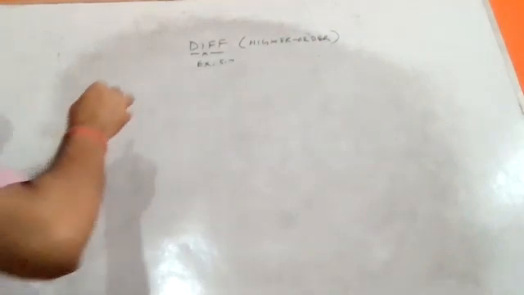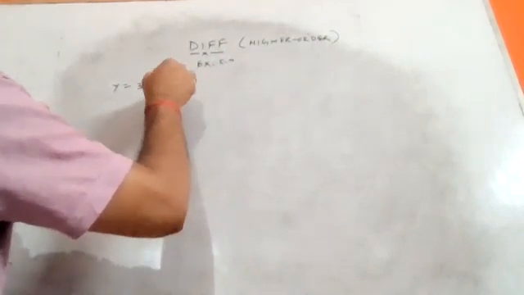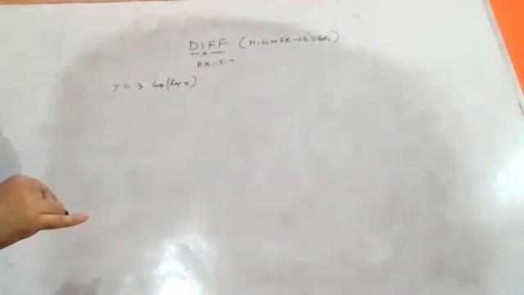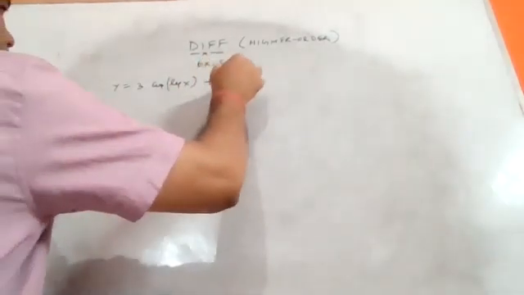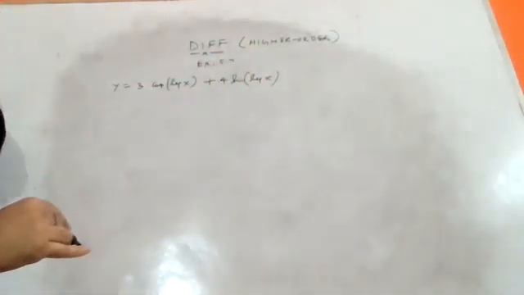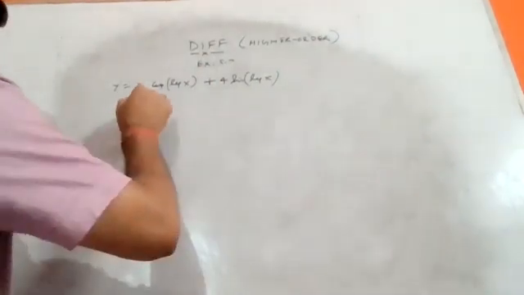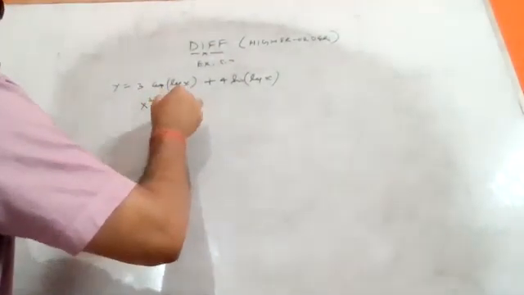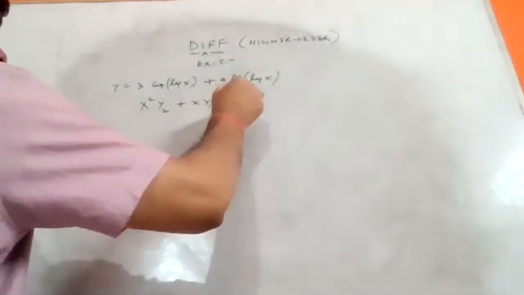For example, they ask, if the function is given, y is equal to 3 cos log x plus 4 sin log x, then you have to show that x square y2 plus x y1 plus y equals 0.